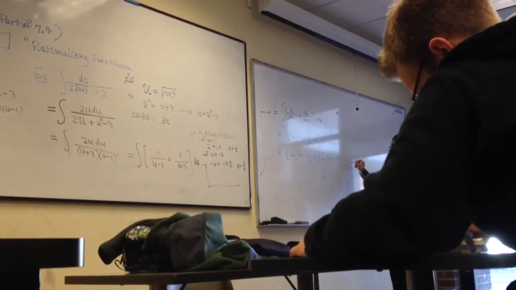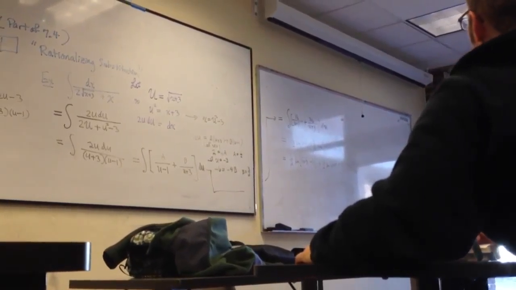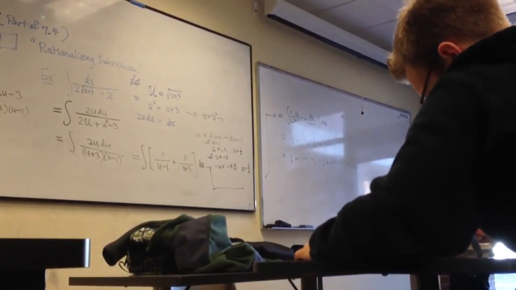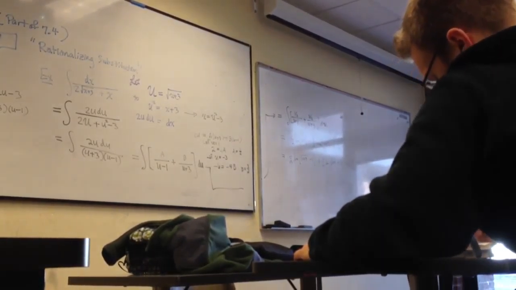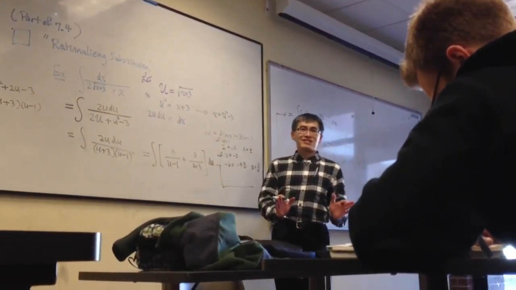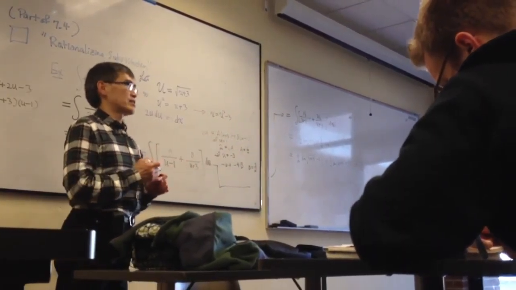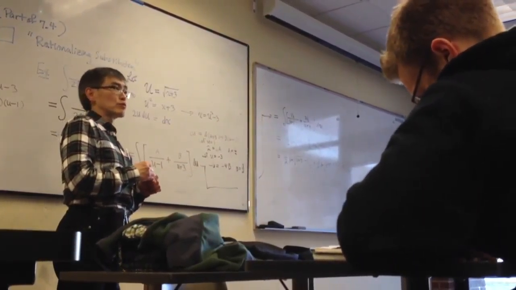And then plus integration constant. And that's the answer. So this is called rationalizing substitution. So it's a substitution that manages to rationalize the integrand. That's what it means. To make it free of radicals, free of square root or cube root or any kind of root.